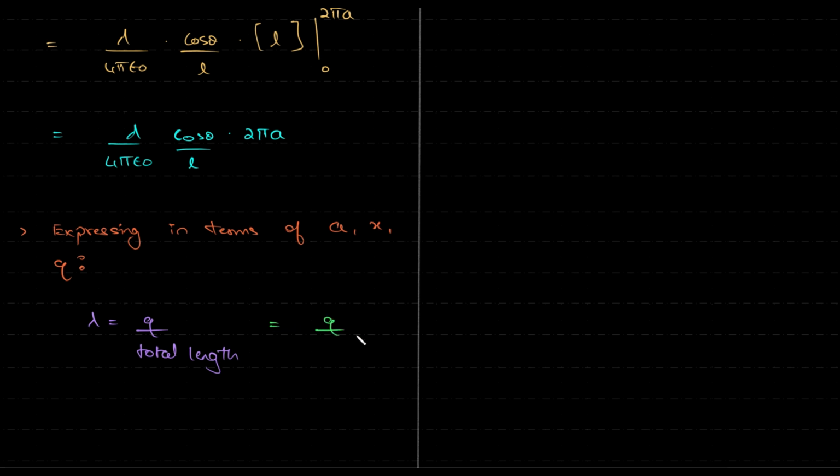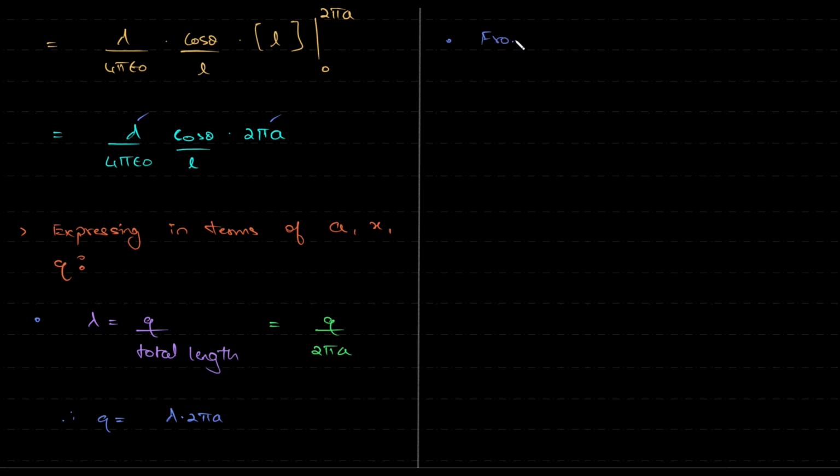So that will be q by 2 pi a, or lambda into 2 pi a is q. Basically, this entire expression is q. So one term done. Next is cos theta.